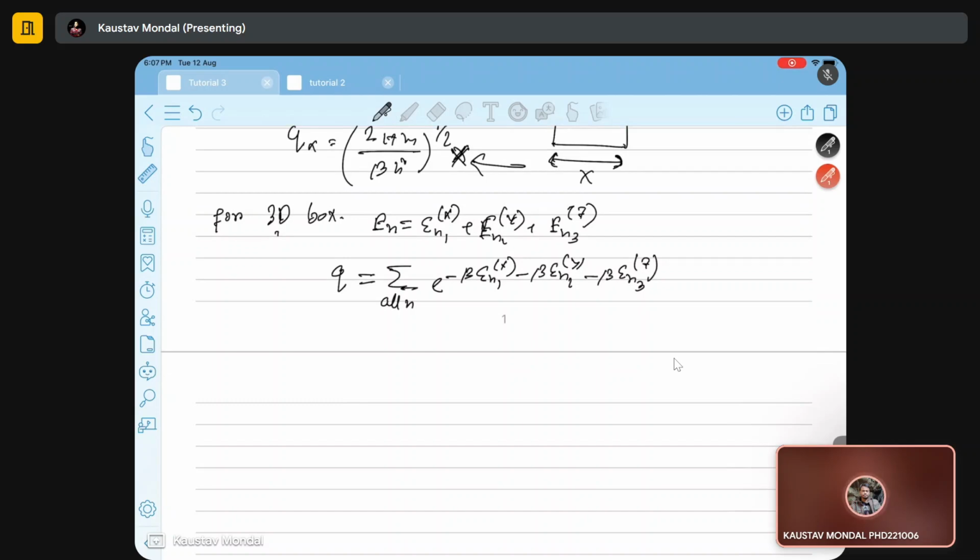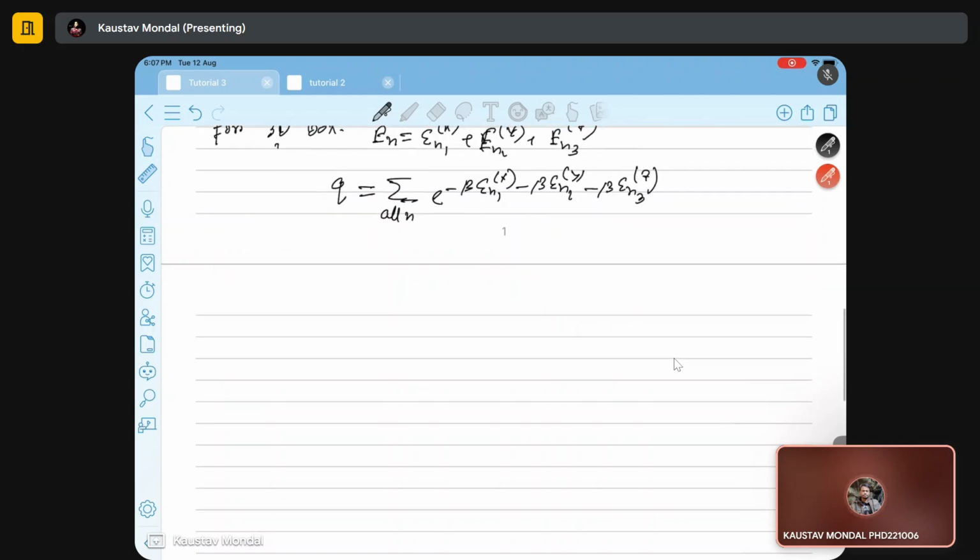So now from there, for each of these exponential factors, we can separately calculate the contribution to the partition function. So q is qx, qy, qz.